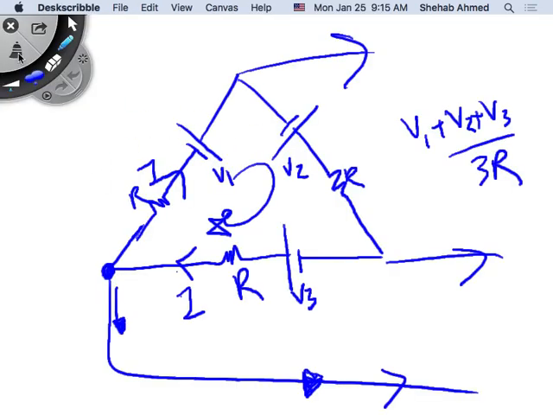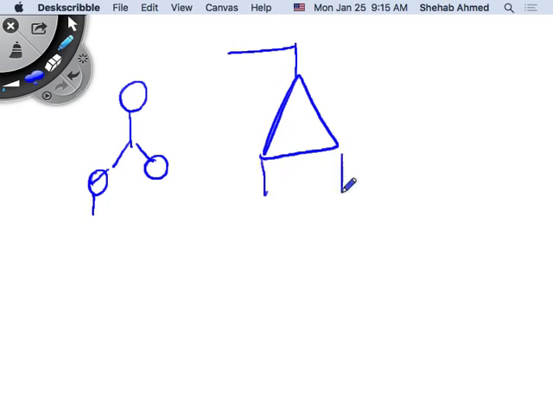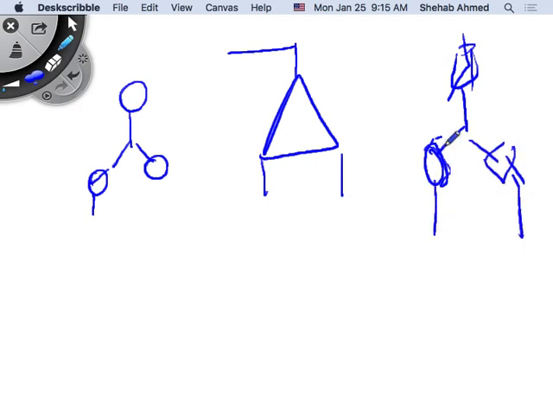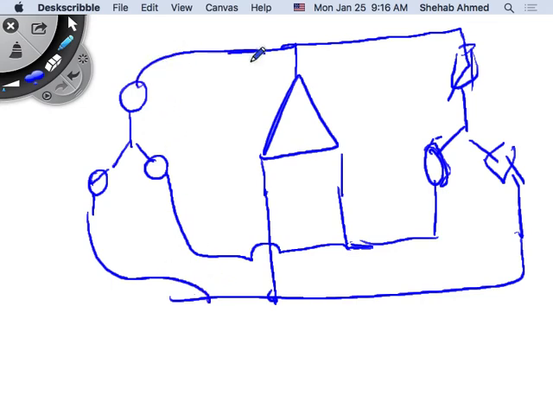So this delta as you connect it, this is my star load, this is my delta load, connected to the generator.